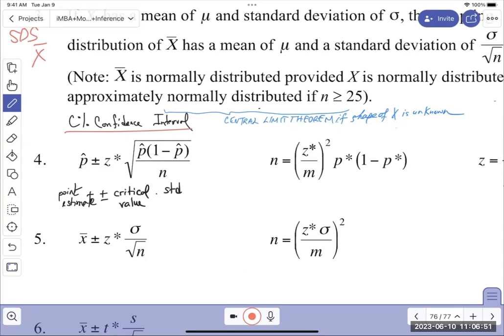But because we put an estimate inside here, we have a special name. We call it the standard error. Let me write out the word standard entirely.